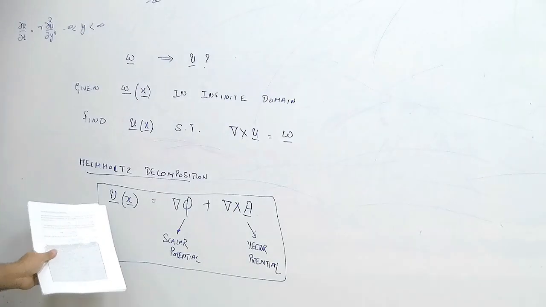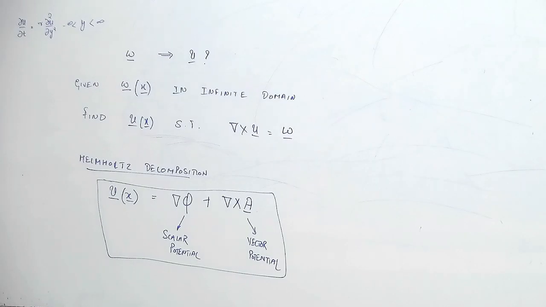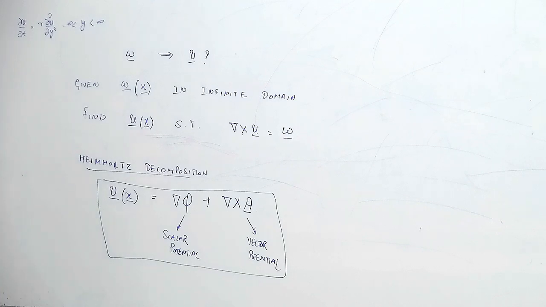Now let us say I give you this equation and ask you, can you find a unique phi or a unique A just given this information? Is it possible to find unique functions for phi or A just given this equation? Heads are shaking no. Why not?